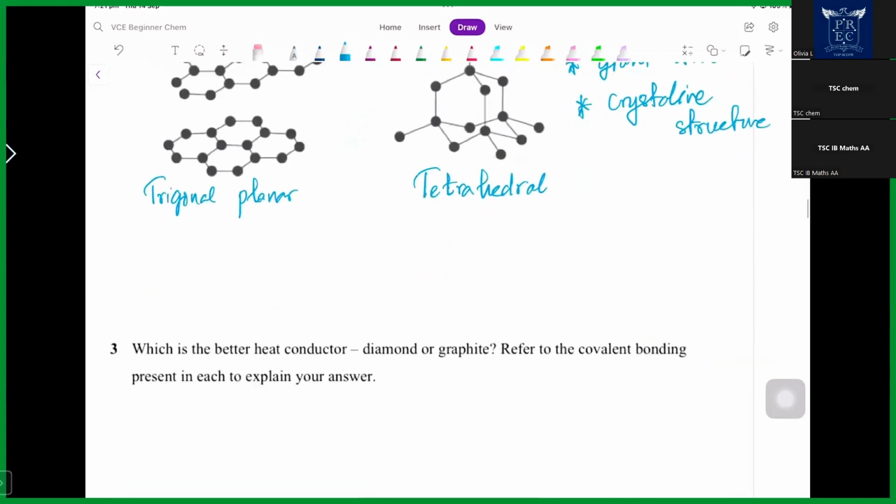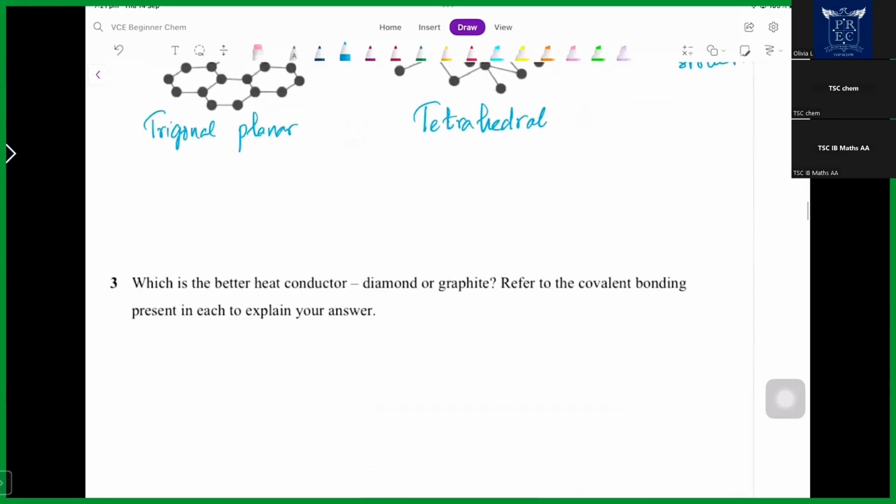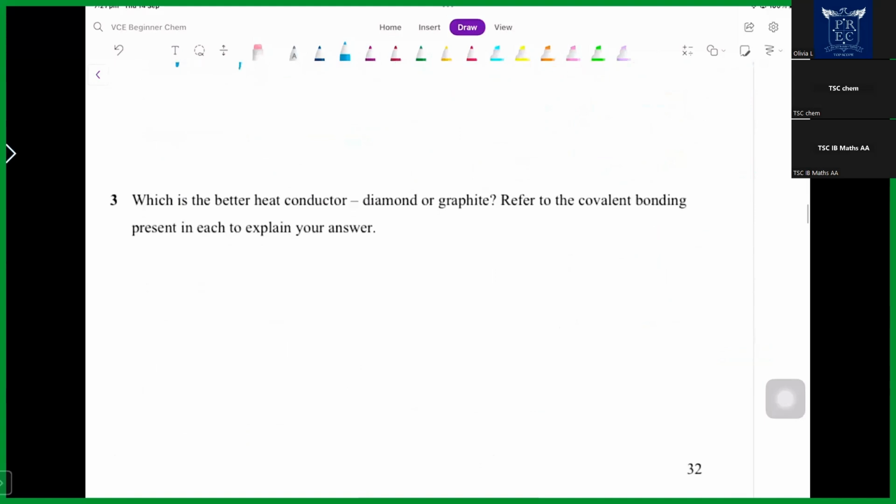Which is a better heat conductor, diamond or graphite? Refer to the covalent bonding present in each to explain your answer. In this case, diamond is a better heat conductor.